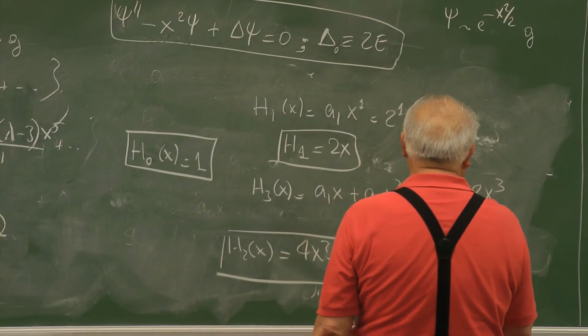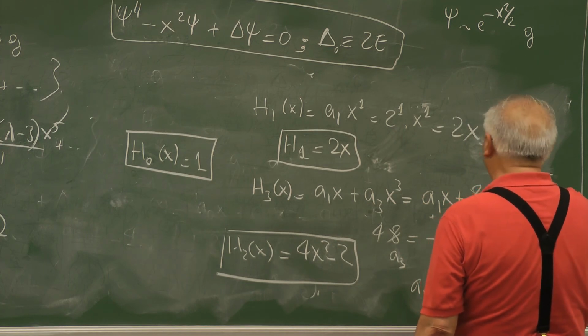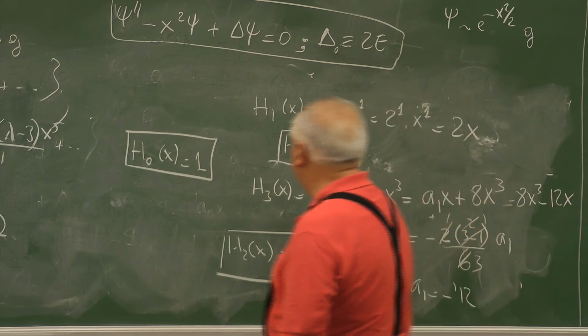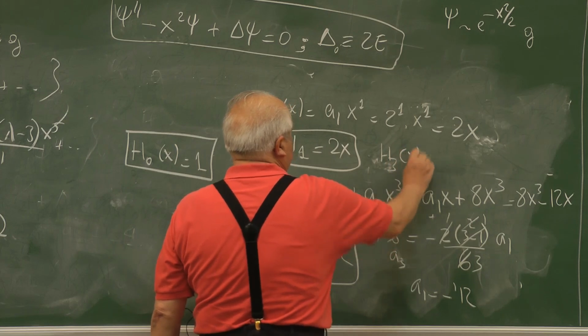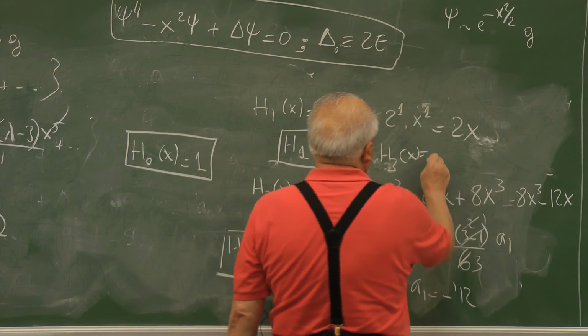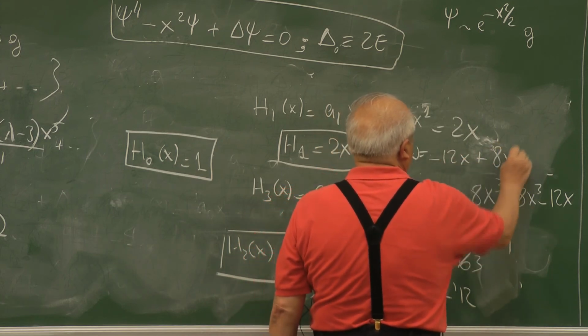So H3 is 8x cubed minus 12x. So let me write here, H3 of x is equal to minus 12x plus 8x cubed.